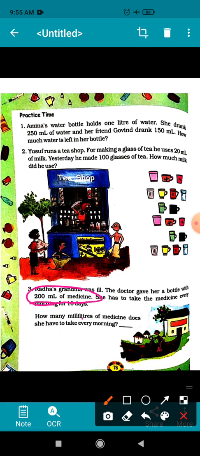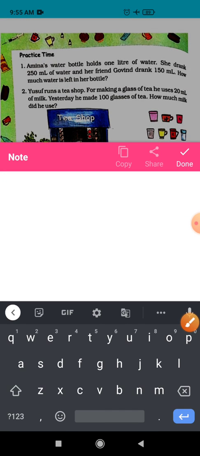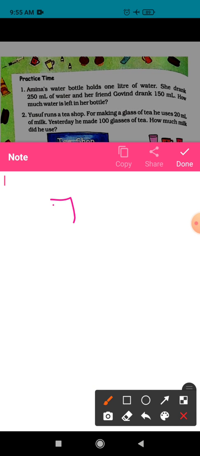Now children, let us see what is given. You know that a bottle contains medicine and its capacity is 200 ml, right?